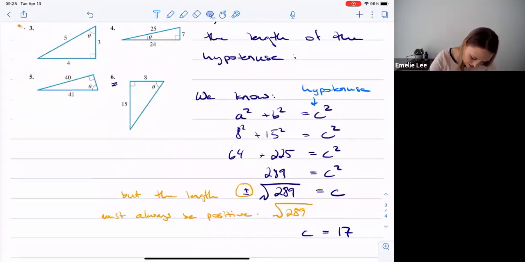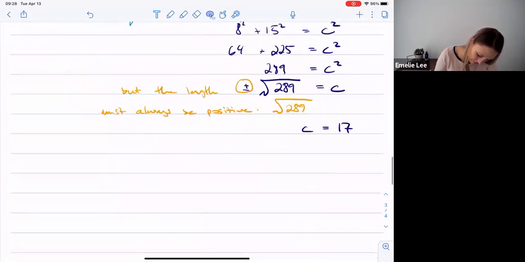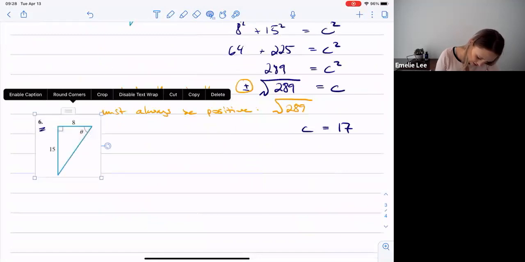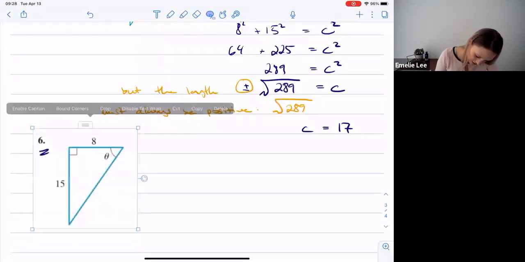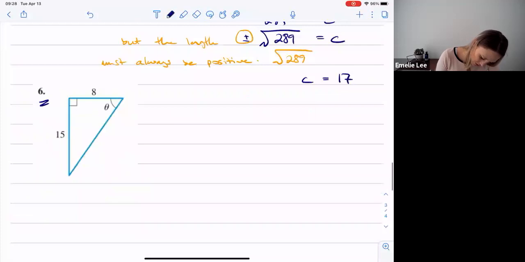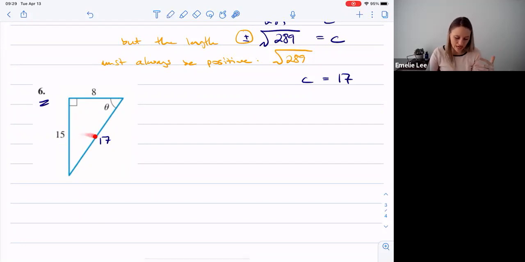So let me just copy this here. We just found that that length must be 17. Now I have all 3 sides, so I can start constructing all the trig ratios in terms of theta.